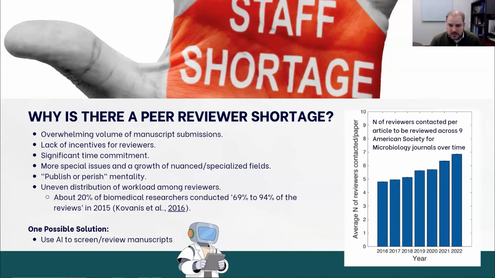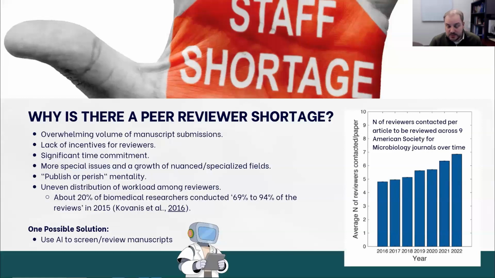And reviewing papers, for those who have done it, of course, you know it requires a lot of time and energy and effort, which can, of course, conflict with researchers' primary responsibilities. And as research fields become increasingly specialized, finding qualified reviewers with the necessary expertise could be challenging as well. And lastly, and also unfortunately, the reality is that a small percentage of researchers often end up reviewing a disproportionate number of papers, while many others may contribute very little.